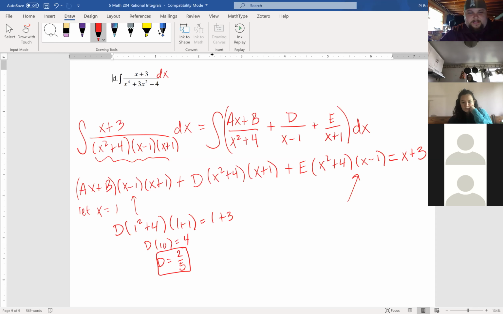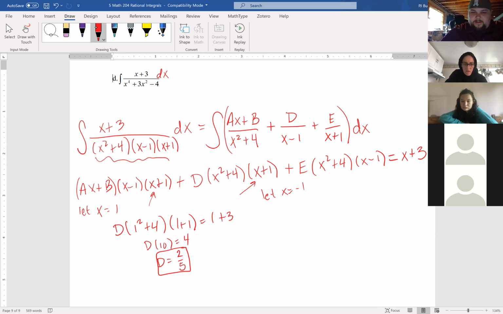How would I eliminate the x plus 1 term? Let x equal -1. Okay. My eraser is not erasing. Go away. There we go. All right. So now let x equal -1. So that term right there goes to 0, and that term right there goes to 0, because 1 plus -1 is 0.